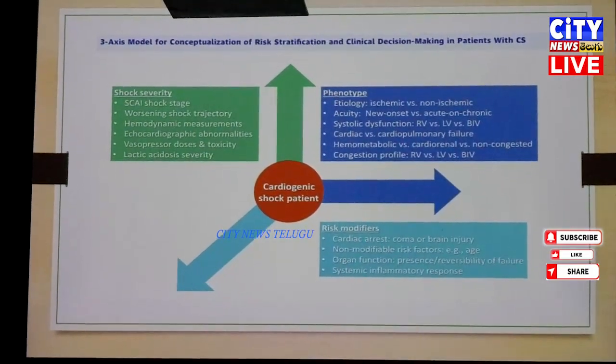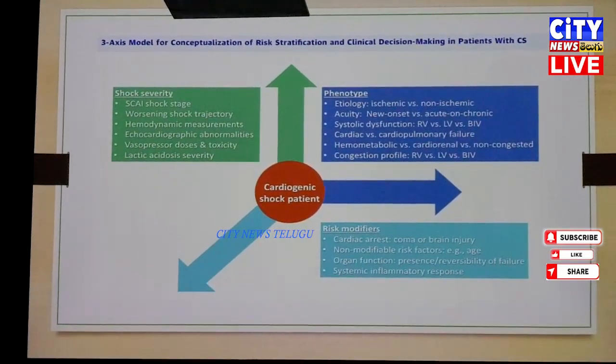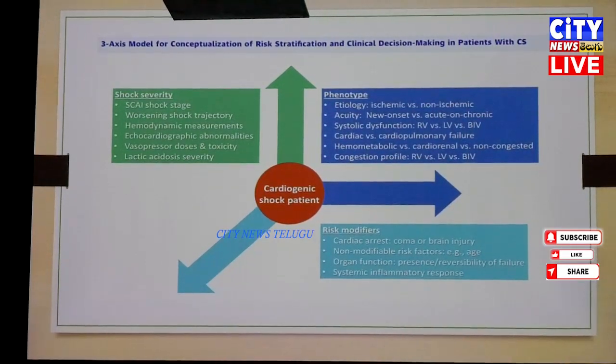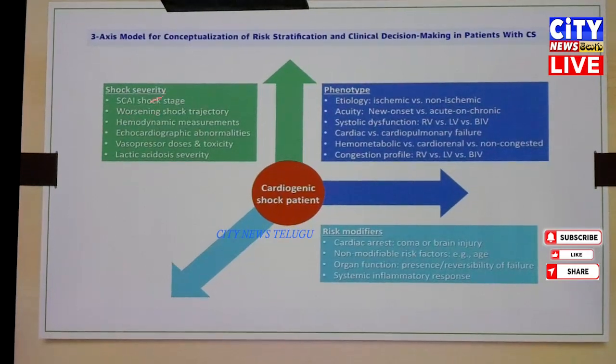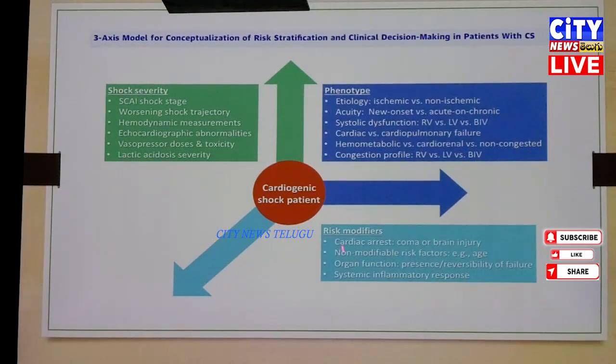So this is the 3-axis model, a conceptual model wherein in the cardiogenic shock patient we have to see all these 3 entities. One is the severity, which we discussed till now. The other is the risk modifiers. As in MI patients, we do have risk modifiers for cardiogenic shock also.